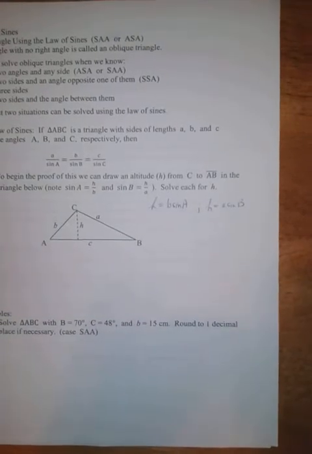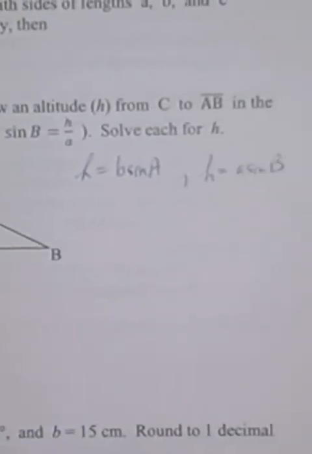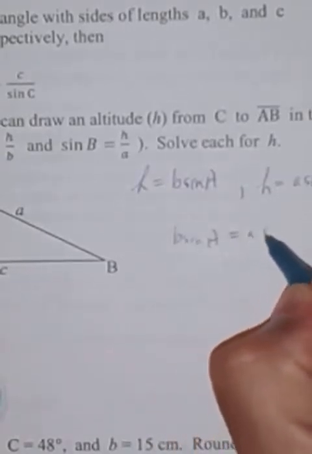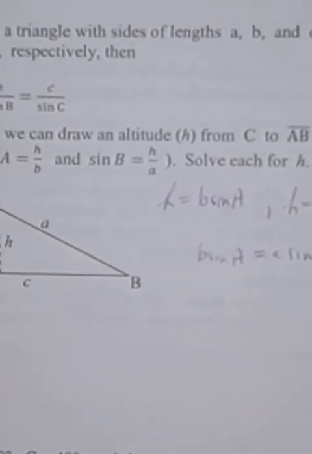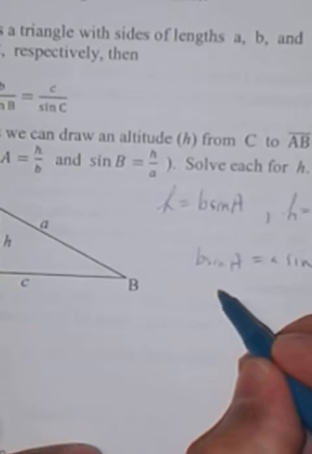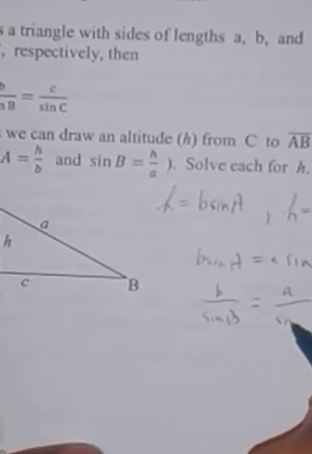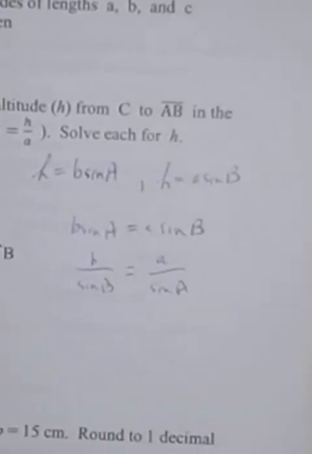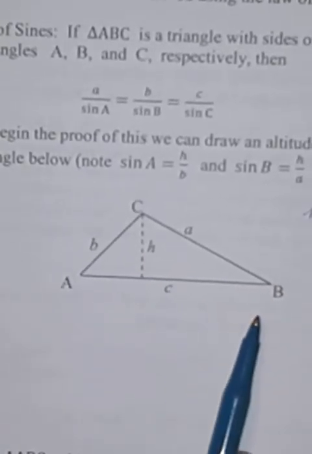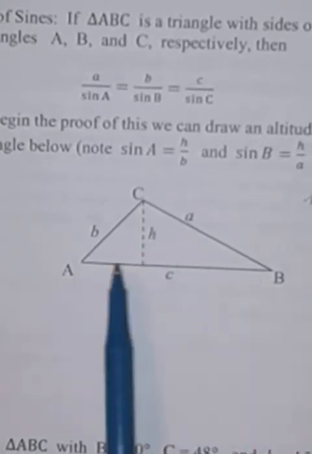We can put those two together and say that b sine A equals a sine B. So b times the sine of angle A equals a times the sine of angle B. If we divide both sides by sine A sine B, we get b over sine B equals a over sine A. To finish that proof, because we're missing c over sine C, we can flip the triangle around and redo the proof with the two that involve angles B and C, or A and C, whichever.